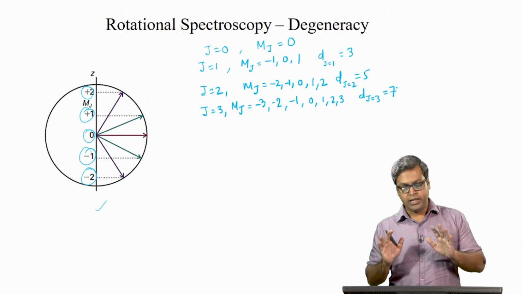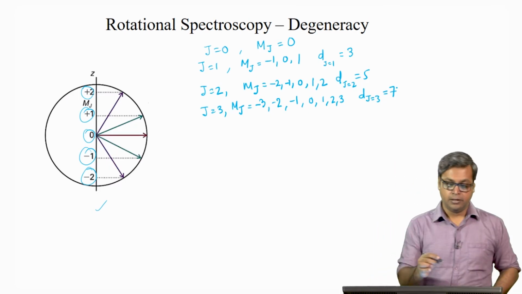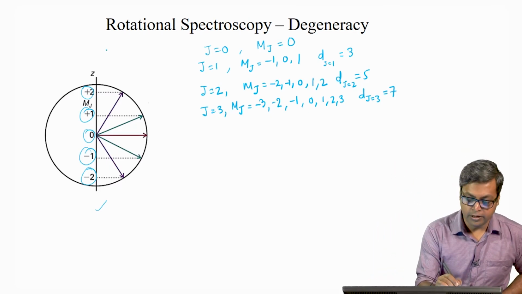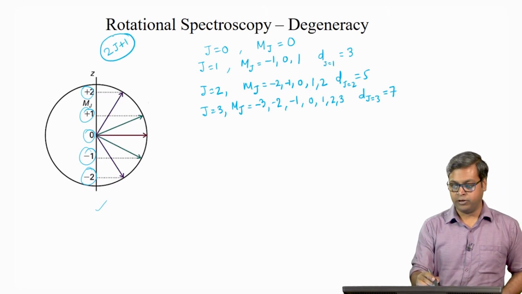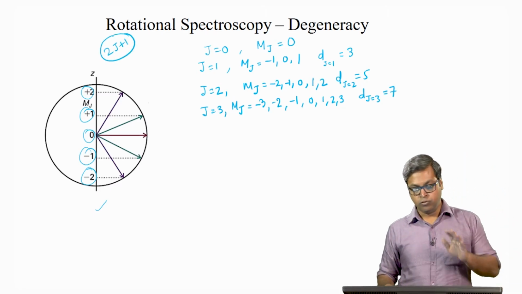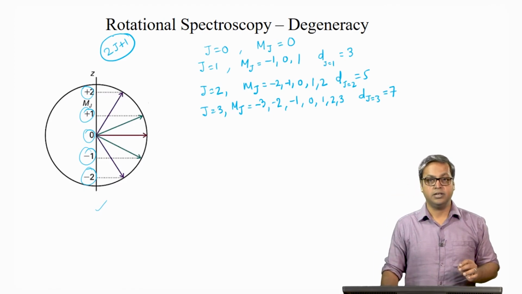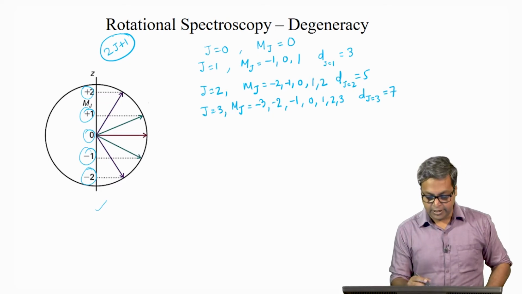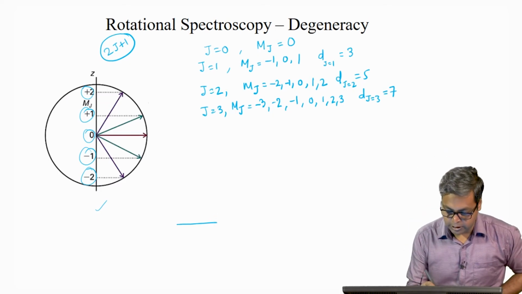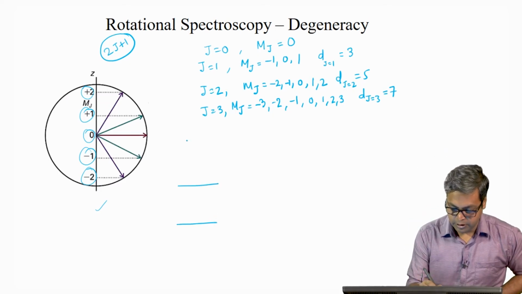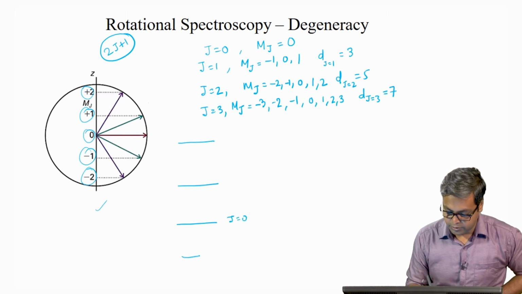Or for any level j, the degeneracy is given by 2j plus 1. So, we see that for j equals 3, 2j plus 1 equals 2 times 3 plus 1, that is 7.